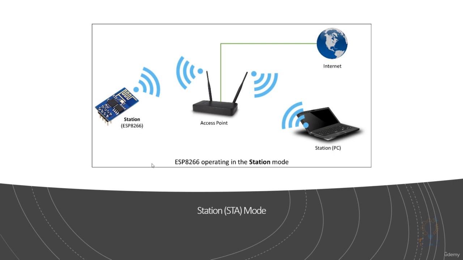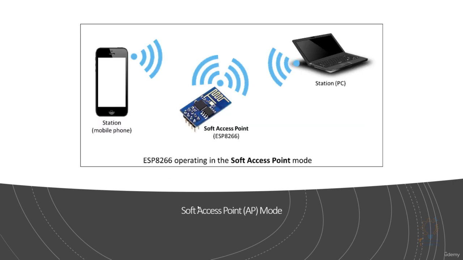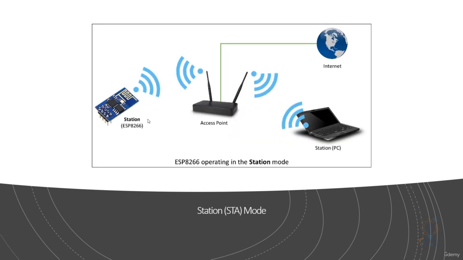While in soft access point mode, the ESP creates a wireless network that any device can connect to. So this is the main difference between these two modes. In this mode, ESP acts as an access point. Here, ESP acts as a station that connects to an access point that is already there.